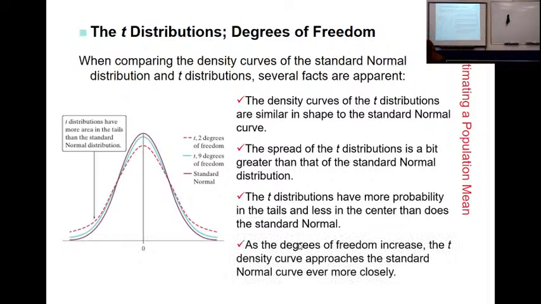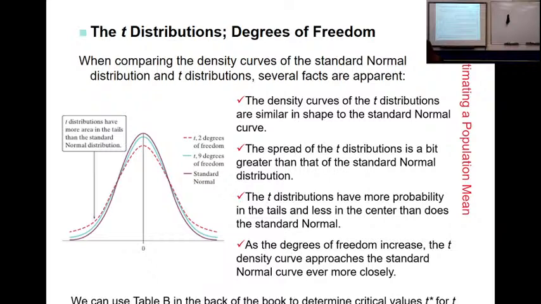And as sample size increases, we get closer and closer to a normal distribution. It's basically a normal distribution when we get to a sample size of 30. When our sample size is at least 30, we'll have normal approximations.